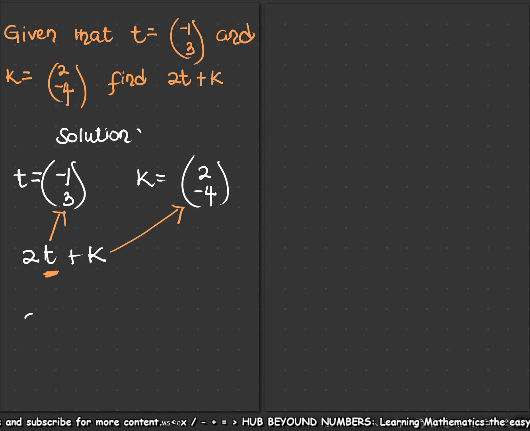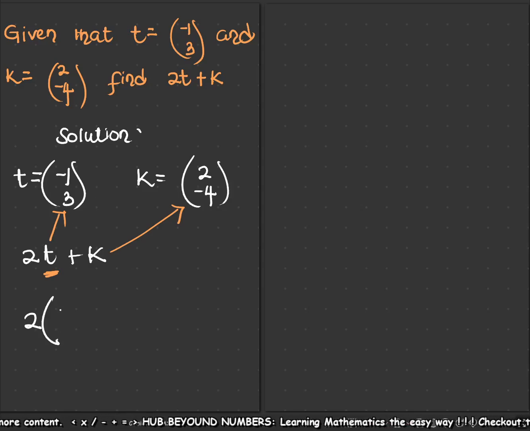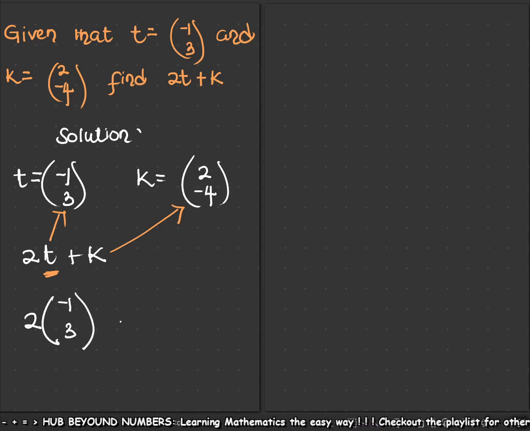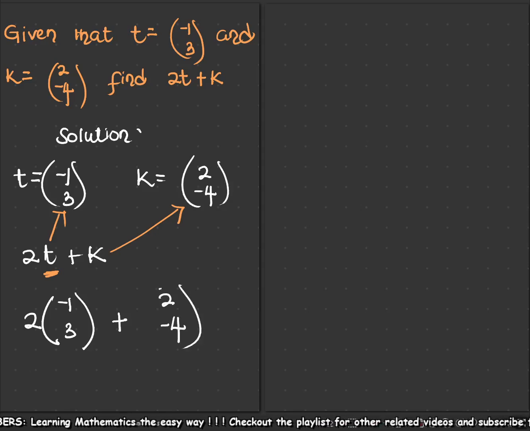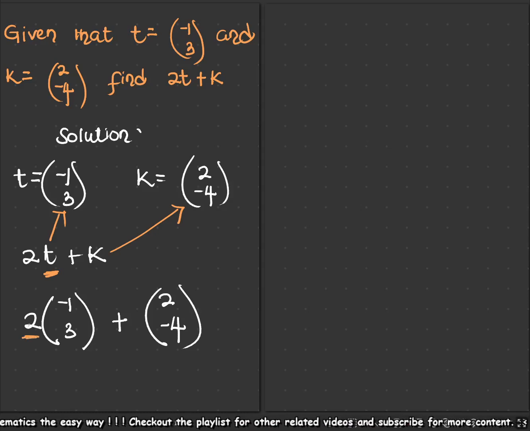So I have my 2. Then instead of the t, I'm going to write all this over here, that is (-1, 3). Then plus, instead of k, I'm going to put (2, -4). Now, vectors say that anytime you have a scalar, the scalar multiplies both components.